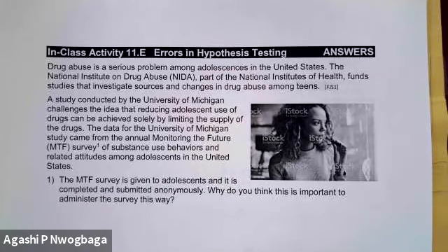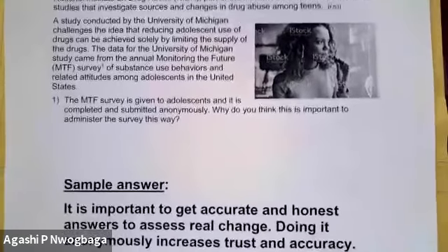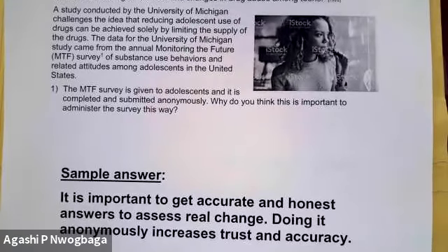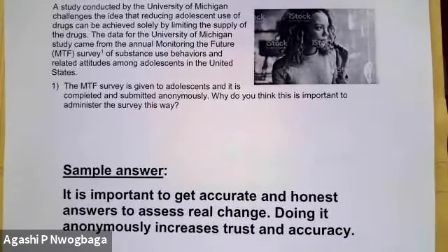Why do you think it is important to administer the survey this way? Answers may vary, but this is a sample answer. It is important to get accurate and honest answers to assess real change. Doing it anonymously increases trust and accuracy.